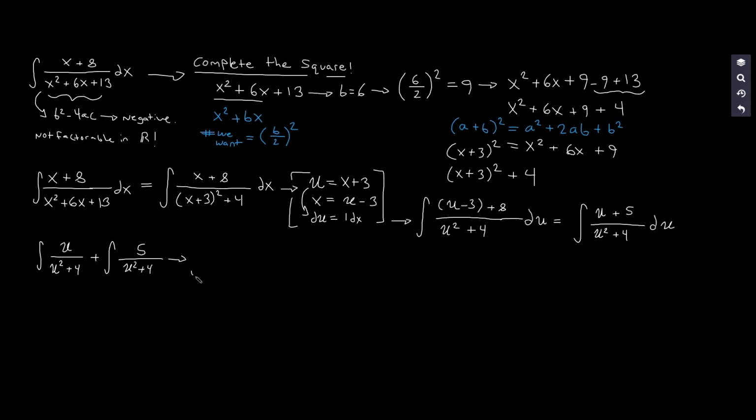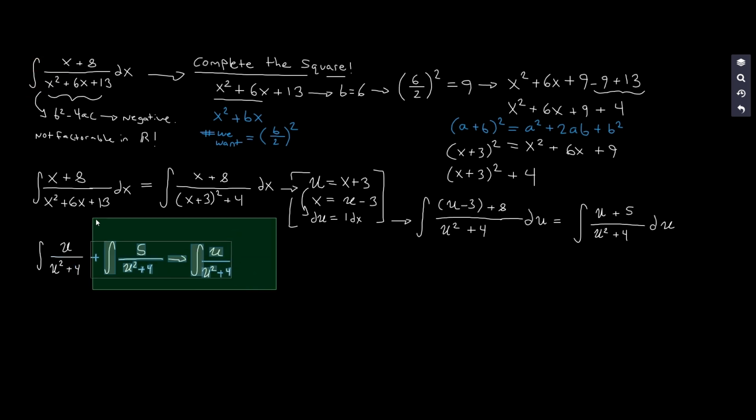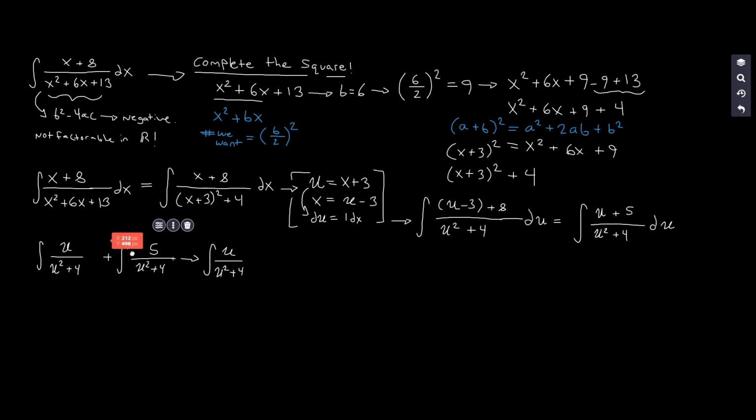So we'll have the indefinite integral of u over u squared plus 4. Oh my gosh, what am I doing, you guys? I keep forgetting to write in the du. Honestly, I have no excuse. Let's just get it in there and keep going.